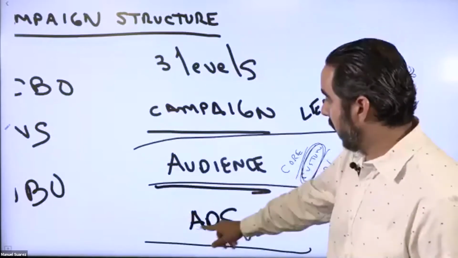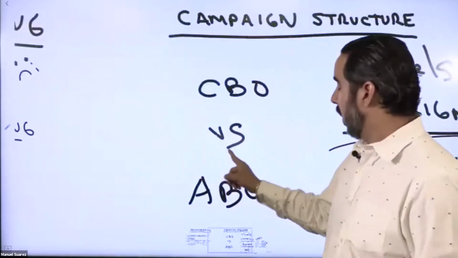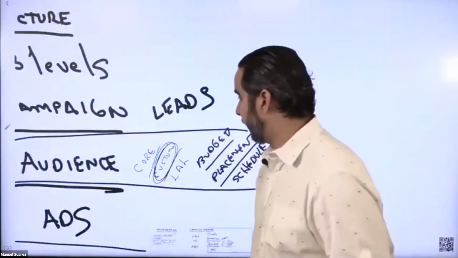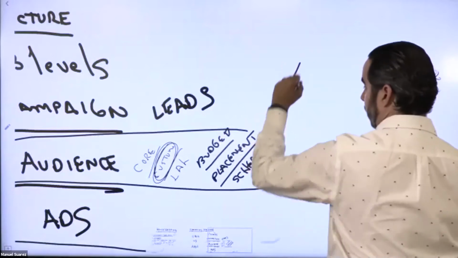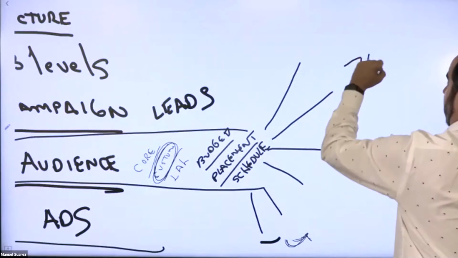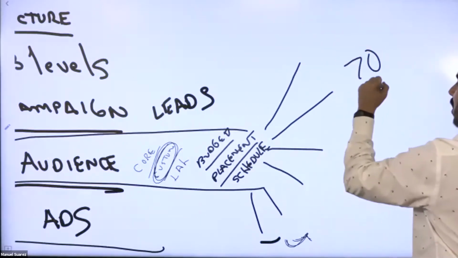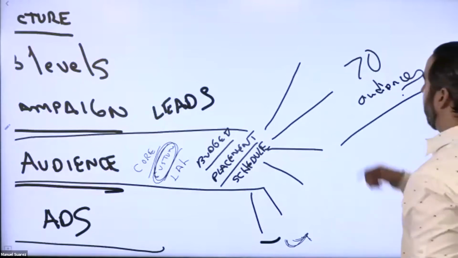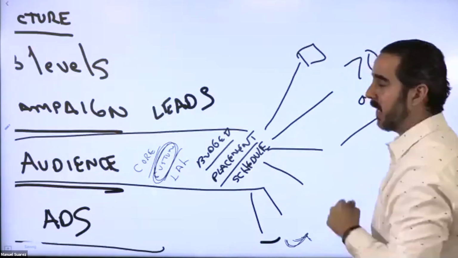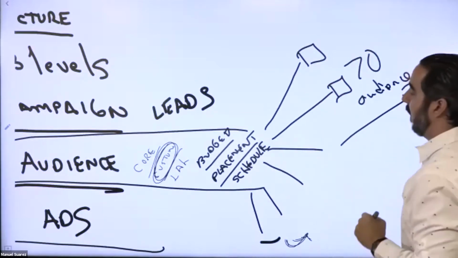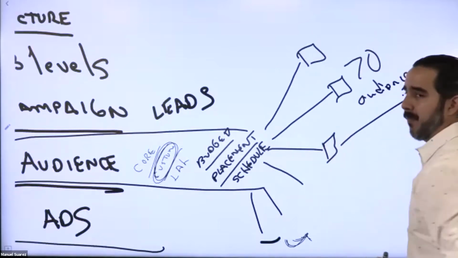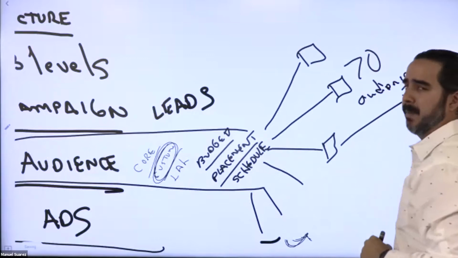Just a recap over here. So what happens with the CBO? On the CBO, once you select your objective, you can select up to 70 audiences, and you can plug them in here, all right? 35 to 44-year-olds interested in weight loss. 45 to 51-year-olds interested in energy. 29 to 34-year-olds interested in supplements.